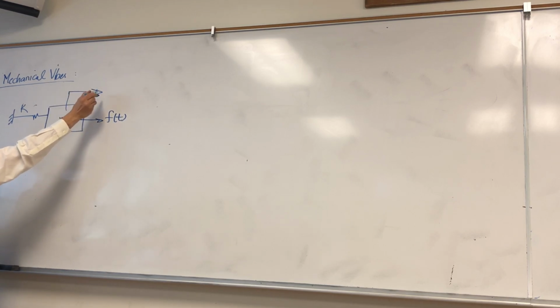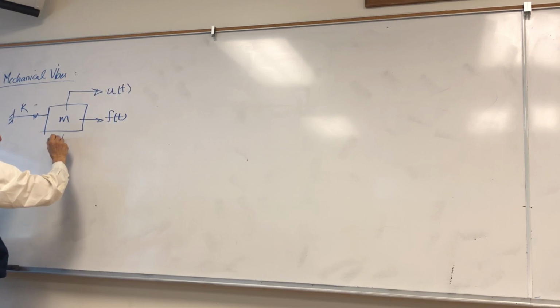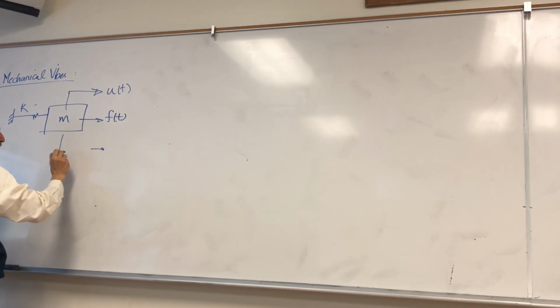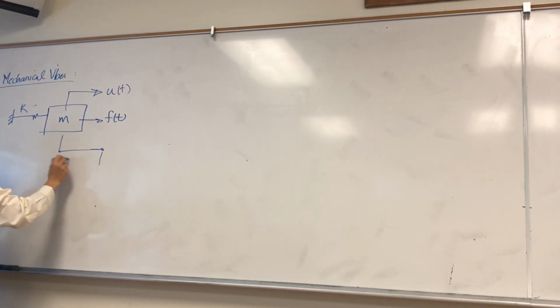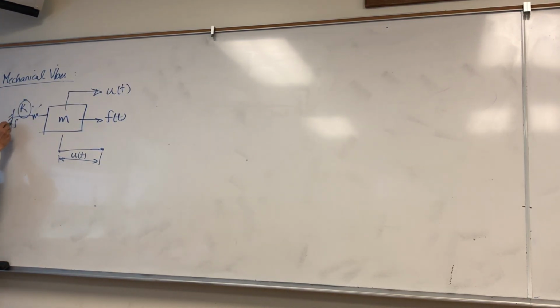So if this is going through a displacement, okay, mass goes from here to here, it is displaced this amount, u of t, the force that this linear spring is generating would be k times u. k is the stiffness, okay?